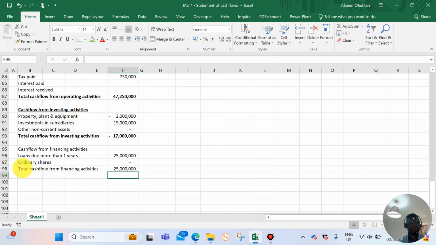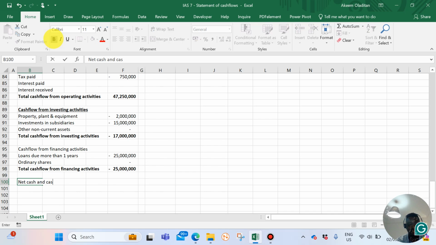Then have this. So net cash and cash equivalents. So I'll sum up all these categories of cash flow. Operating activities plus investing activities plus financing activities.